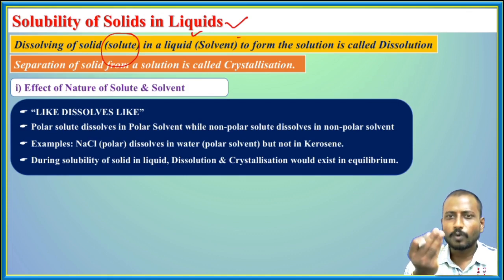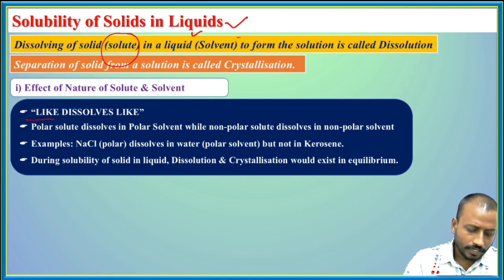Take a small pinch of sugar and try to dissolve it in vegetable oil or kerosene or petrol, and observe whether it is dissolving or not. Definitely the sugar is not going to dissolve in oil, because the statement says like dissolves like.